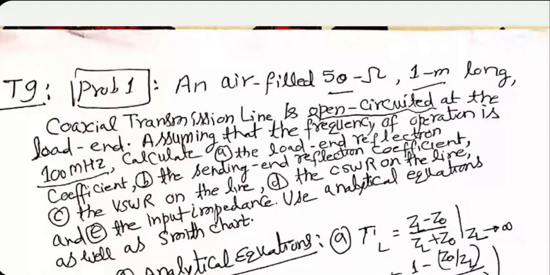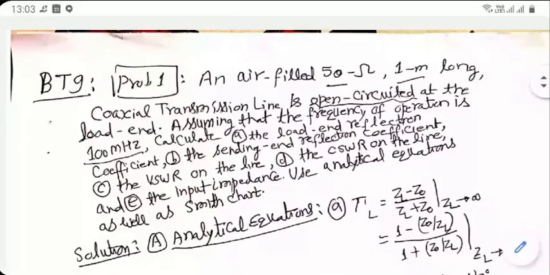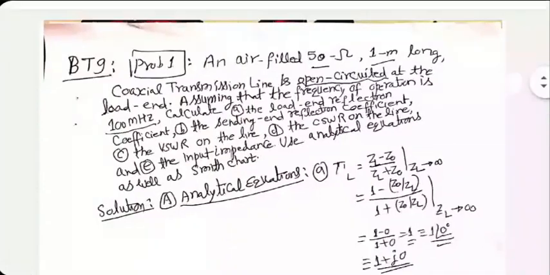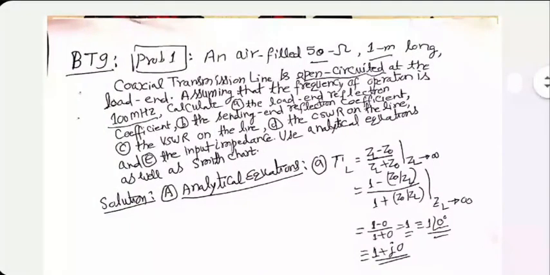Now for analytical equations, we know how to handle this. Let's look at that first. Load end reflection coefficient is ZL minus Z0 divided by ZL plus Z0, and we are letting ZL go to infinity because it's an open circuited line.